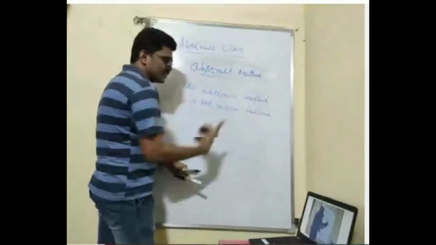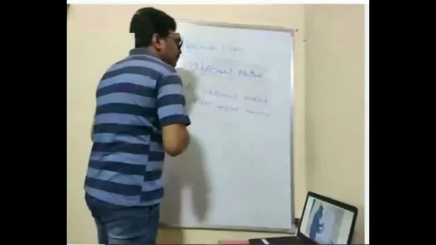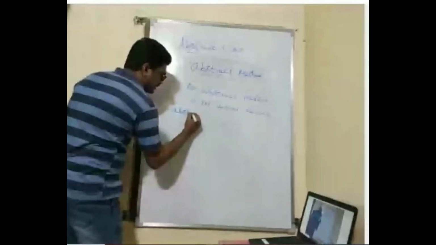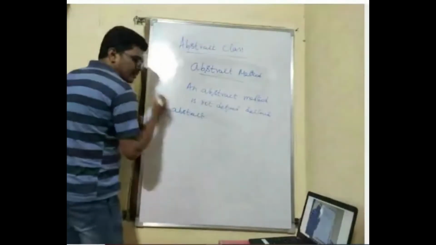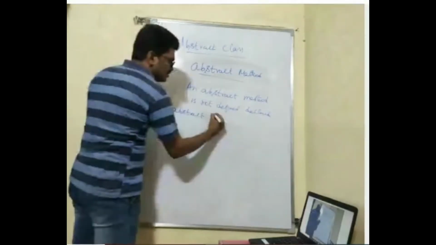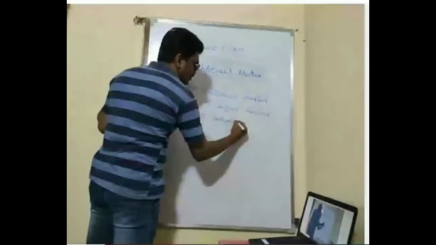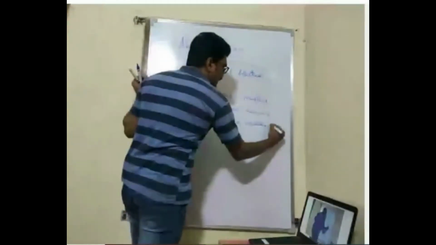Now, how is an abstract method declared? With the keyword abstract. You can use the access specifier, abstract, return type, method name, parameter list, semicolon. You will not have the body.